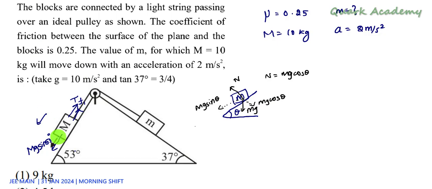So if we write Newton's second law for capital M, we have Mg sine 53 degree minus tension minus frictional force F1 equal to capital M times a.